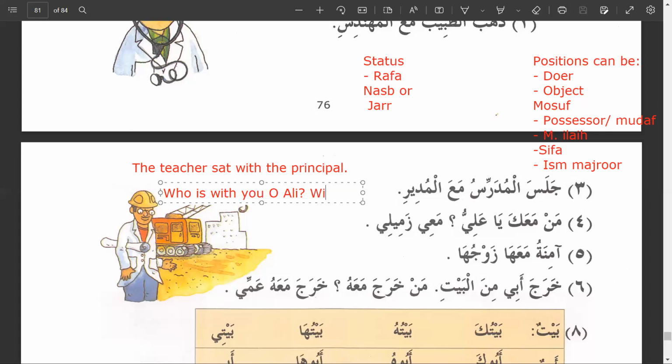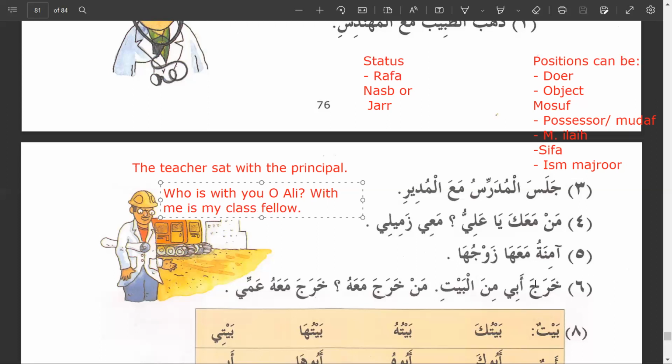Ma'a is with. This ya is me. So with me is my classmate.